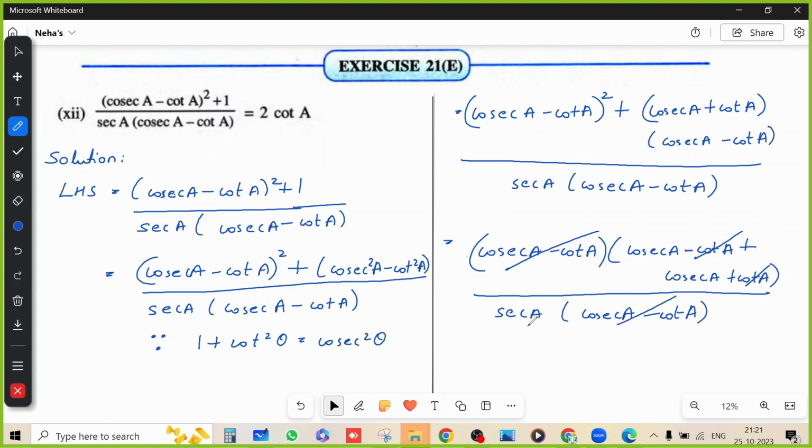Minus cot A plus cot A will get cancelled out. So this will become 2 cosec A divided by sec A. Now we know that we can write cosec A as 1 by sin A and sec A as 1 upon cos A. So this will become 2 cos A divided by sin A, and cos A upon sin A is equal to 2 cot A, which is equal to the RHS, and hence we have proved.